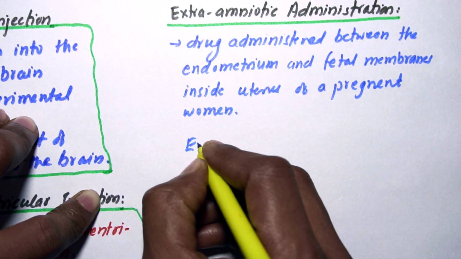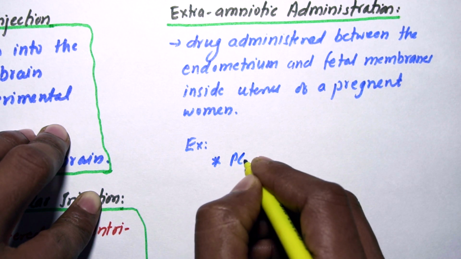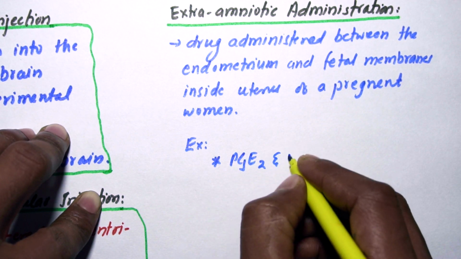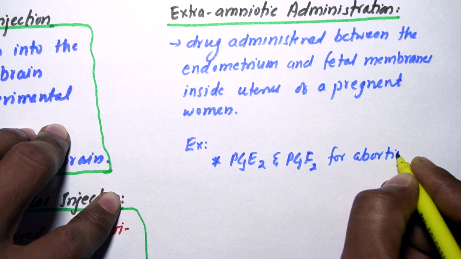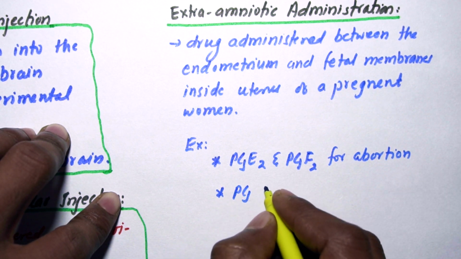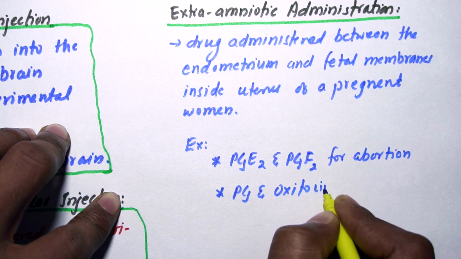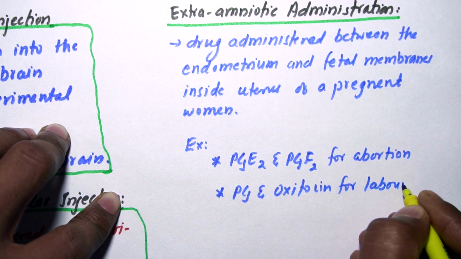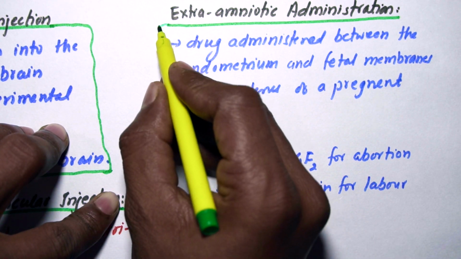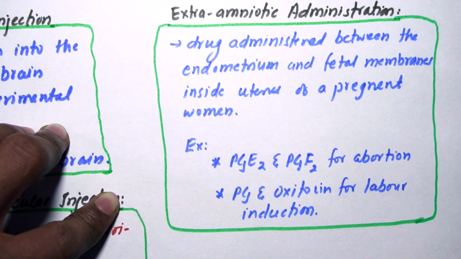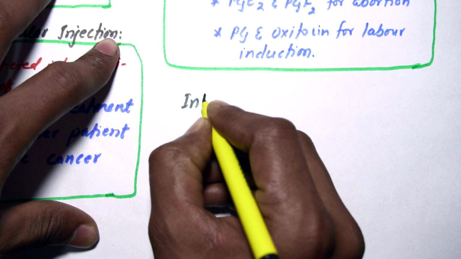So examples of these routes are prostaglandin E2, that is PGE2, and PGF2 for abortion, then prostaglandin and oxytocin for labor induction. Okay. So this is all about extra-amniotic administration. Also this is a rare injection.